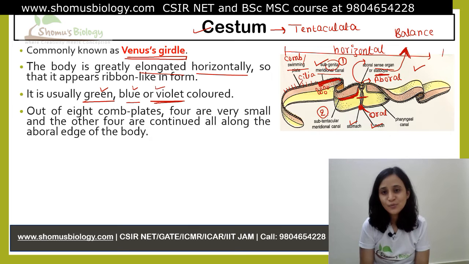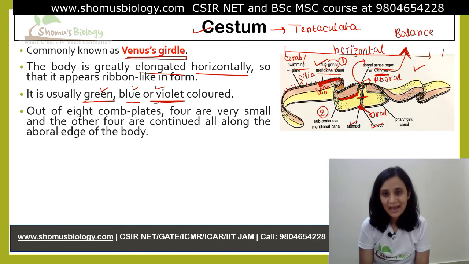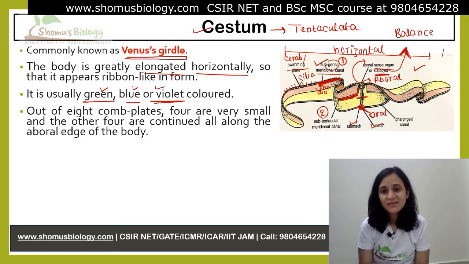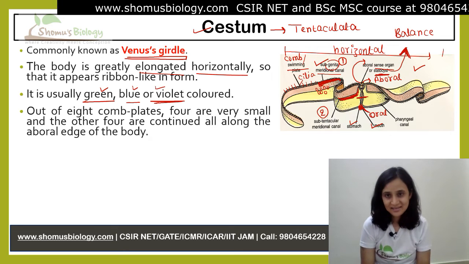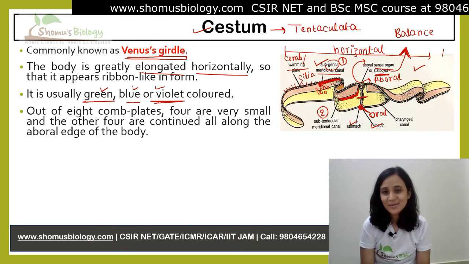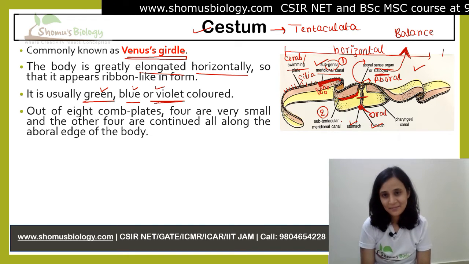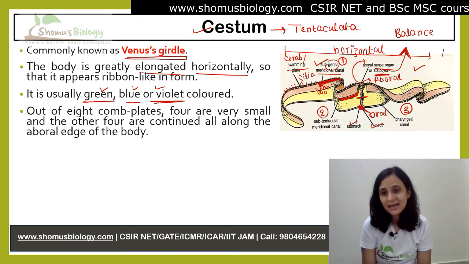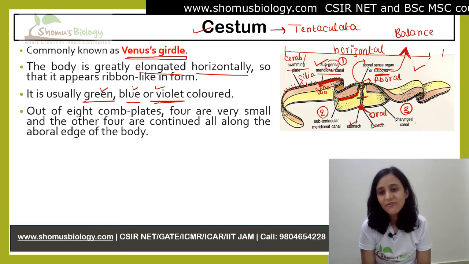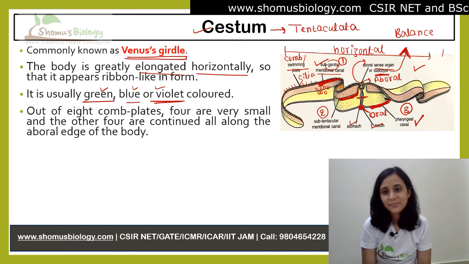And canal 2 is known as subtentacular canal because from here tentacles are arising. So that's why it is called as subtentacular meridional canal. Okay, and next the third canal they have is the pharyngeal canal. This is the pharyngeal canal.